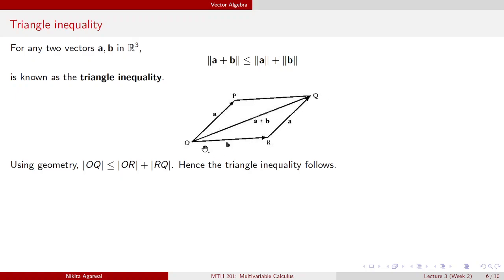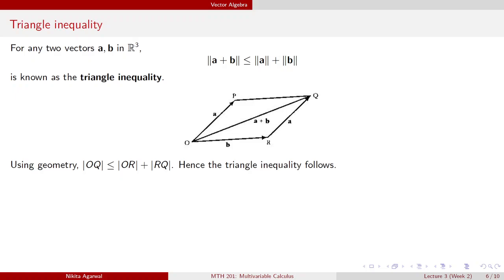So this is your vector A plus B. Also, since it's a parallelogram, RQ is parallel to OP. Therefore, RQ, this vector, is also the vector A, right? So you have this triangle OQR in which two sides are A and B and the third side is A plus B.